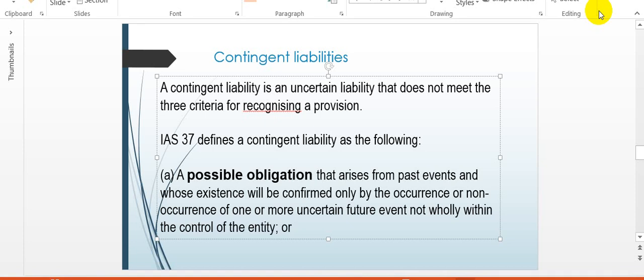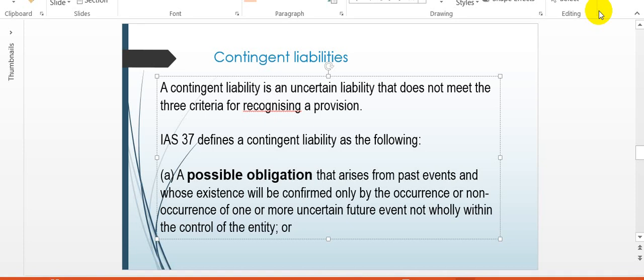Two keywords that you want to look out for when you're reading questions to do with provisions. You look at the word probable. Probable, it means it's a provision.